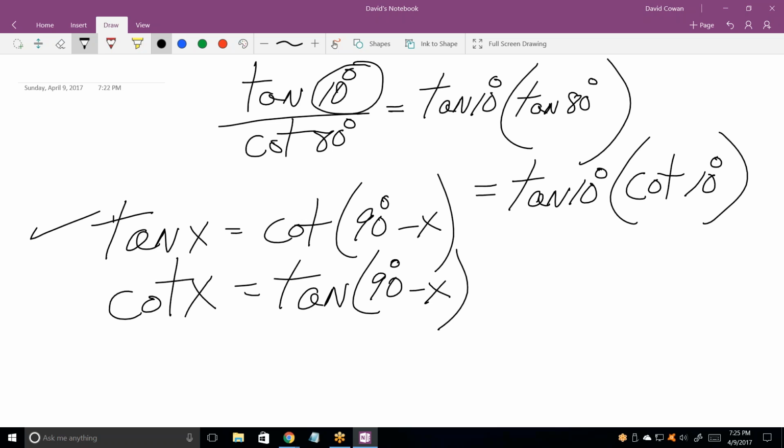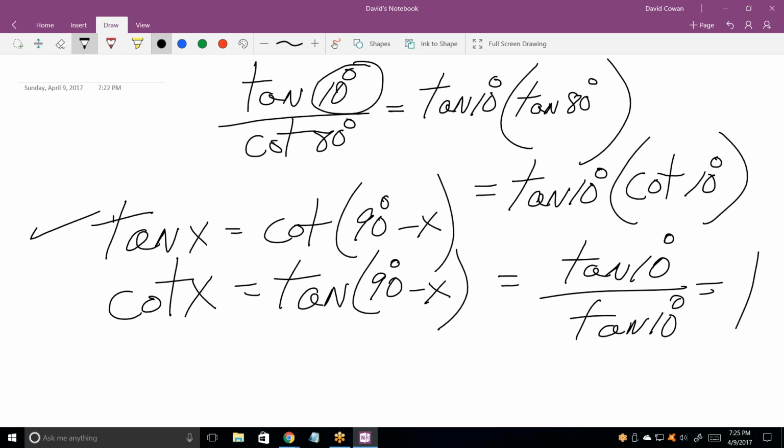So tangent of 80 is equal to cotangent of 10. Now I've got something that looks like tangent of 10 divided by tangent of 10. That's equal to 1, no matter what the number is.